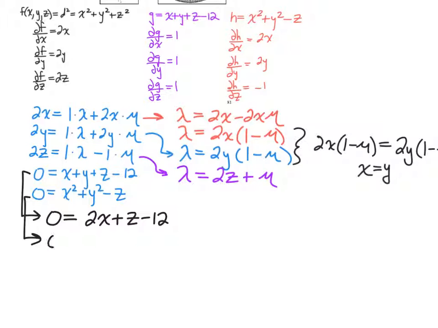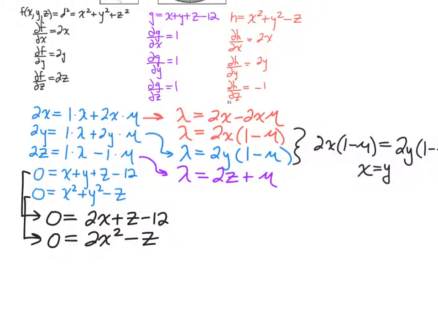And for the other one, it would be x squared plus x squared, so 2x squared minus z. All right, so I have two equations now with two variables. So I can further the cause here and ultimately, hopefully, solve for one variable in terms of a numerical value.